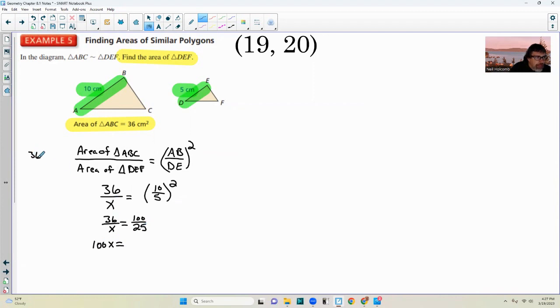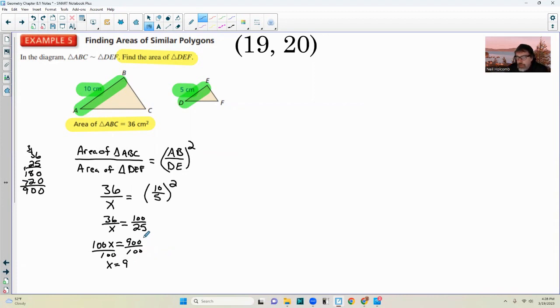So if I go off to the side here, 36 times 25: 6 times 5 is 30, 5 times 3 is 15, plus 3 is 18. Another 0. 6 times 2 is 12, carry the 1. 2 times 3 is 6, plus 1 is 7. And that's 0. 8 plus 2 is 10, carry the 1. 7, 8, 9, 900. So if I divide both sides by 100, I get X equals 9.